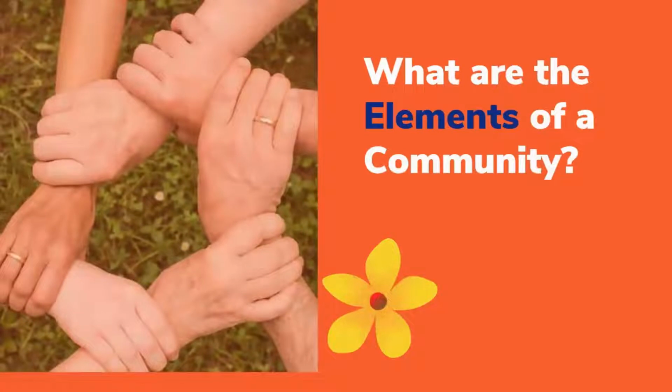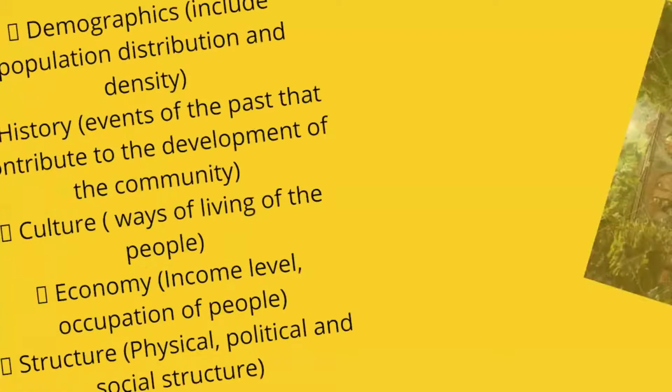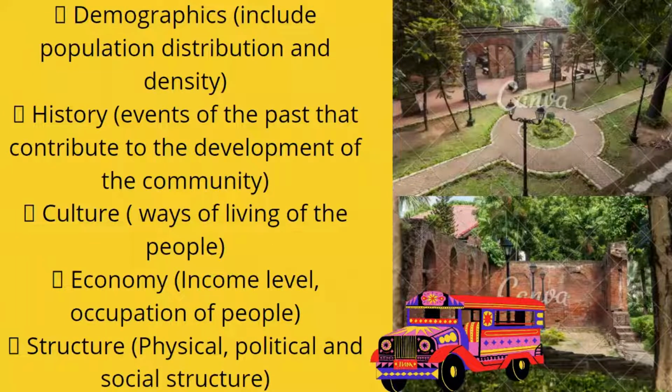So what are the elements of a community? Some projects implemented in the community can be based on the elements. Okay, we have here the demographics, history, culture, economy, and structure.